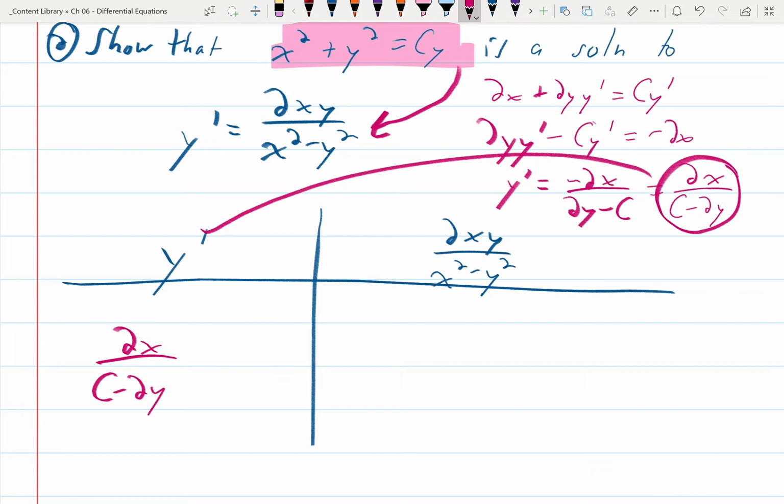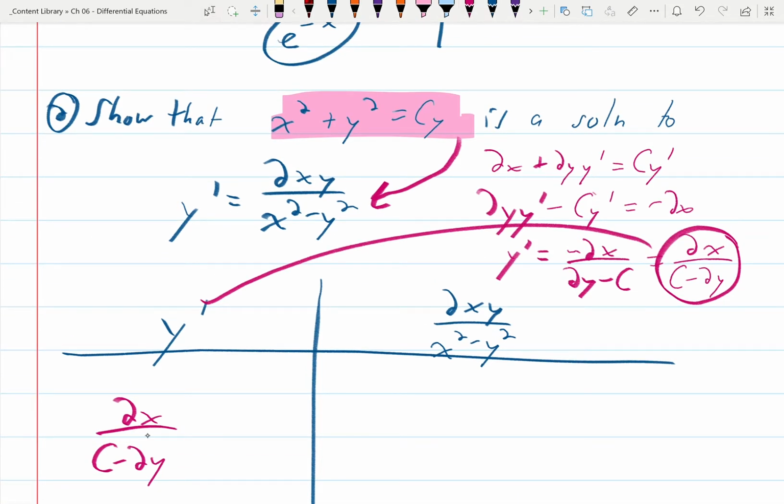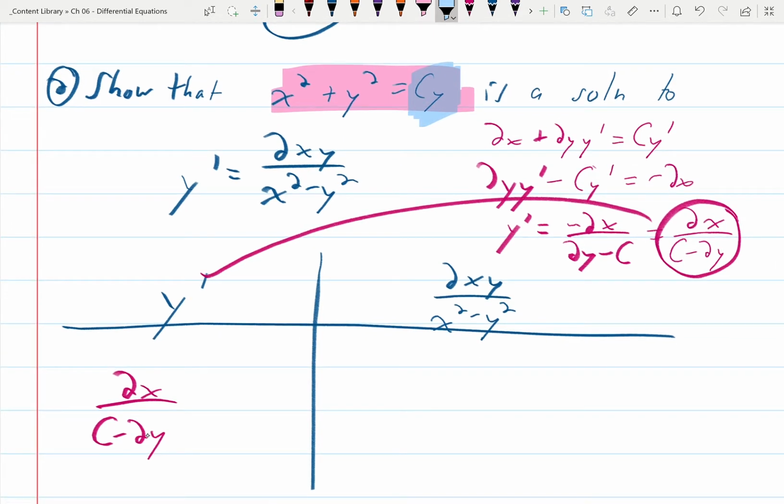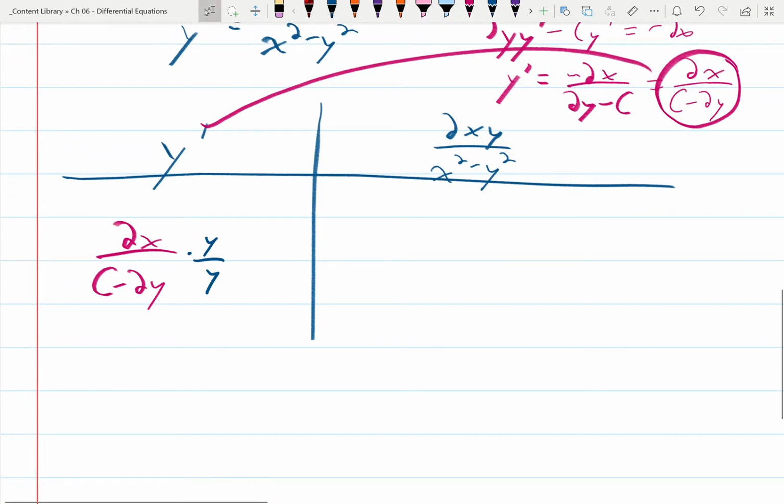I know that c minus 2y, well, there's a cy up here in my potential solution. Let me re-highlight that. I don't quite have that, but I would if I multiplied the numerator and denominator by a y. This gives me 2xy over cy minus 2y squared.